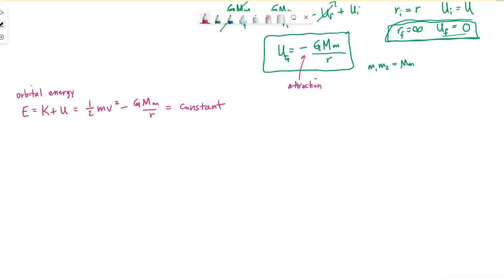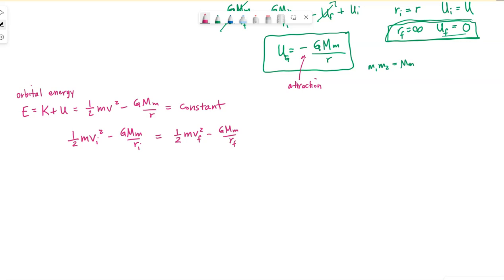What this ultimately means is that the kinetic energy and potential energy at some initial location needs to equal the kinetic and potential energy at a final location. So similar to conservation of energy before, we just have a different equation to describe the potential energy.